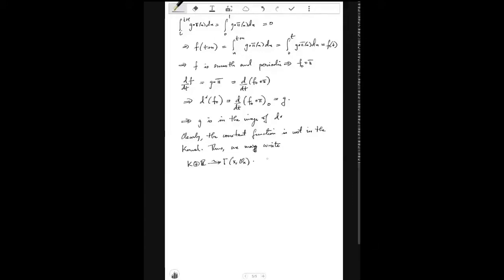So if the image were larger than K, then it would contain a non-zero constant λ.